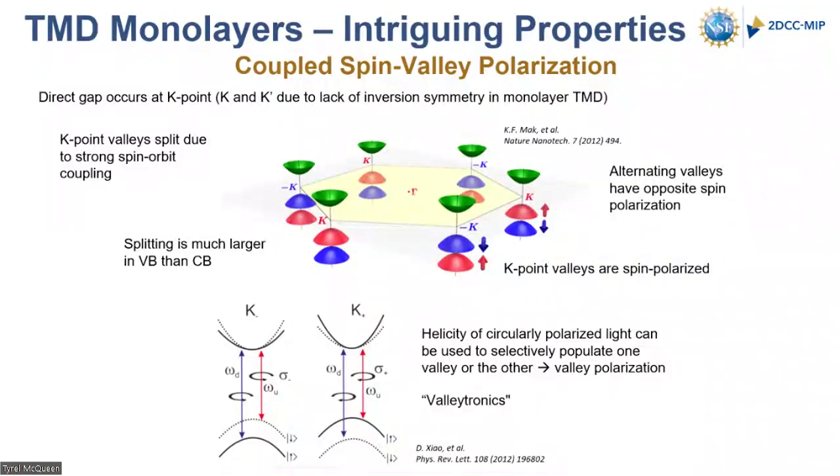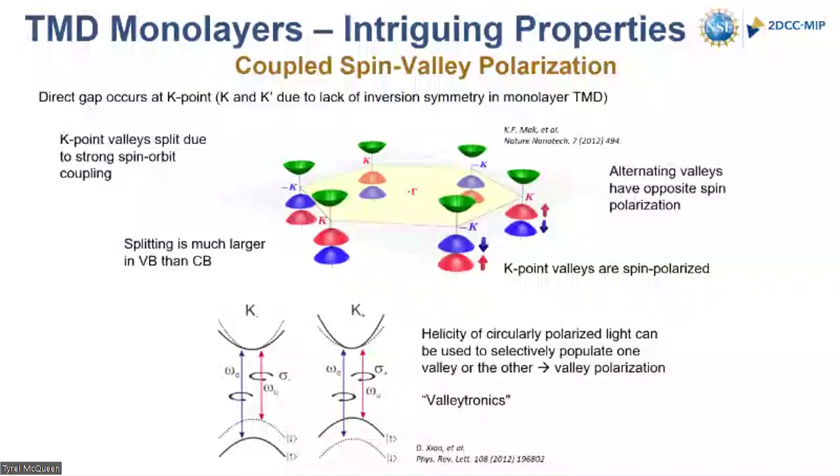In addition, because you have d orbitals in the molybdenum atom, you have very strong spin-orbit coupling in these materials, right? So the consequence is that both the conduction band and the valence band valleys are split as a result of the spin-orbit coupling, but you get larger splitting in the valence band. All right, so you have these alternating valleys that have opposite spin polarization.